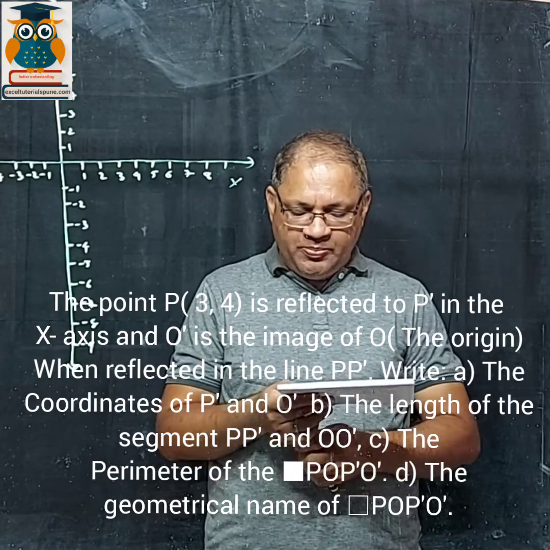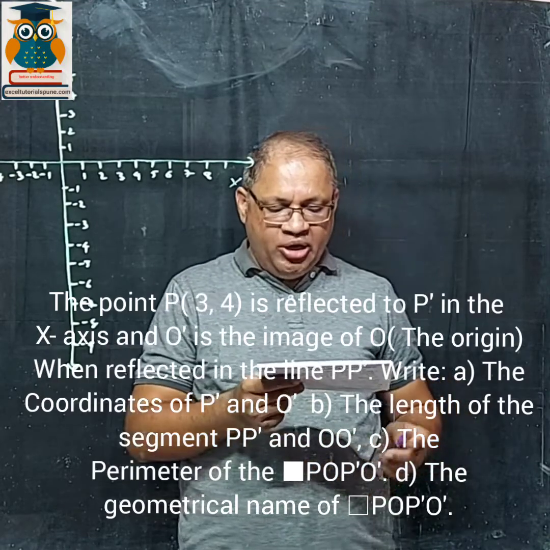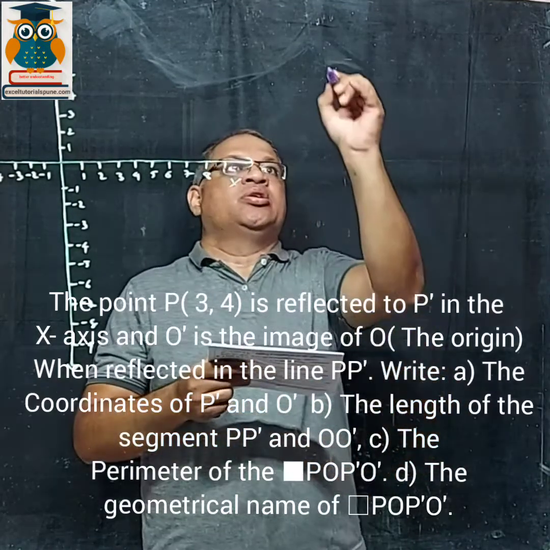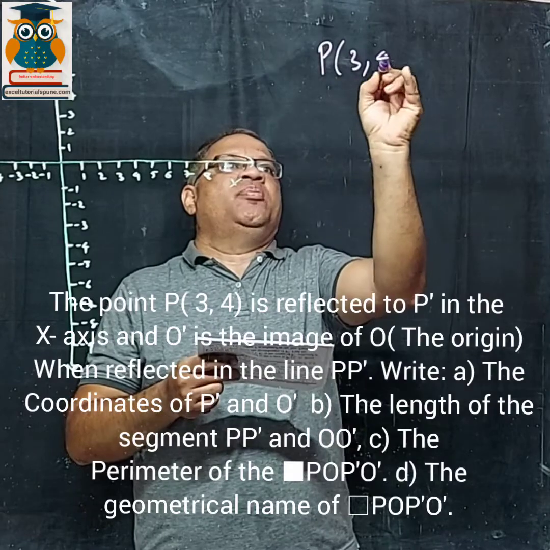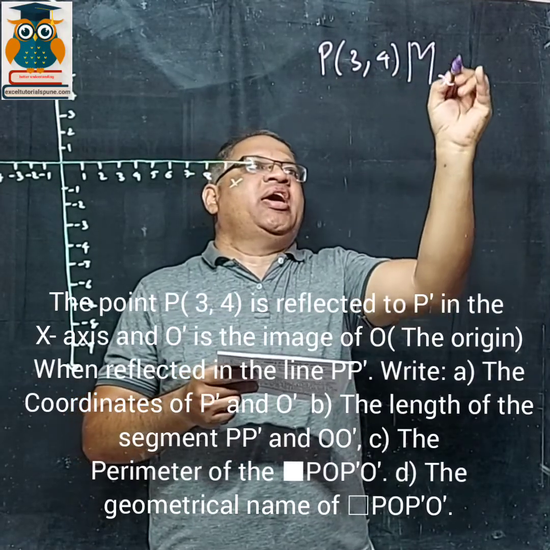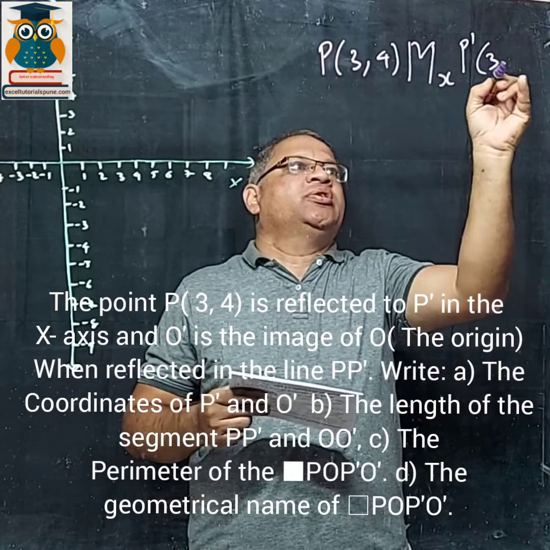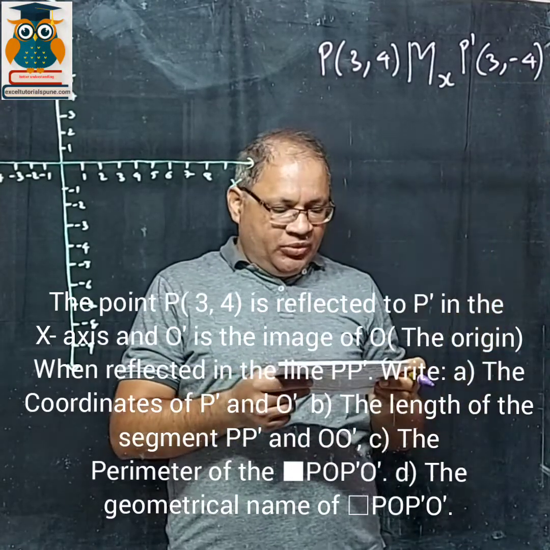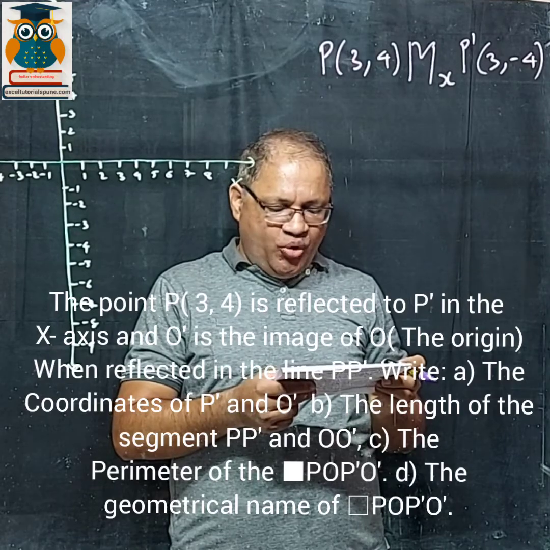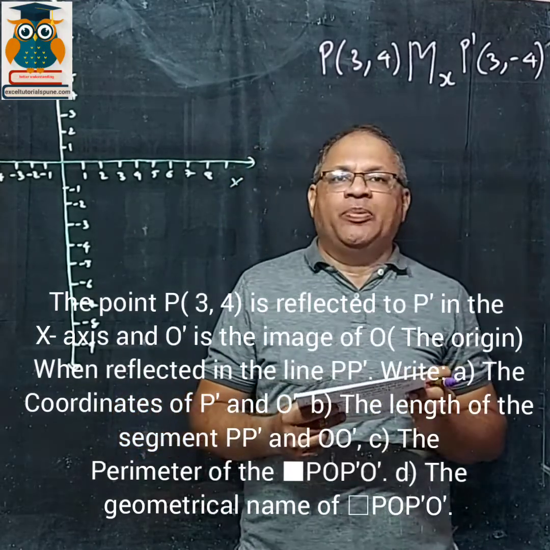Okay, so the point P 3, 4 is reflected to P dash in the x-axis. So P 3, 4 reflection in the x-axis, y coordinate changes. Okay. Then O dash is the image of O, the origin, when reflected in line PP dash.